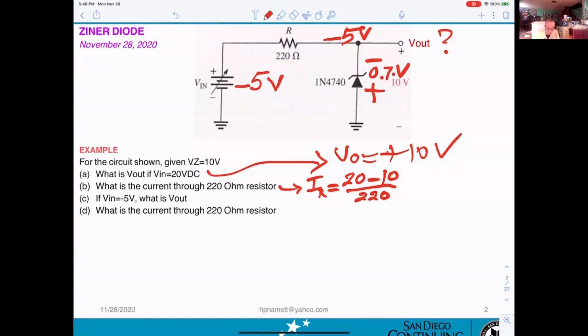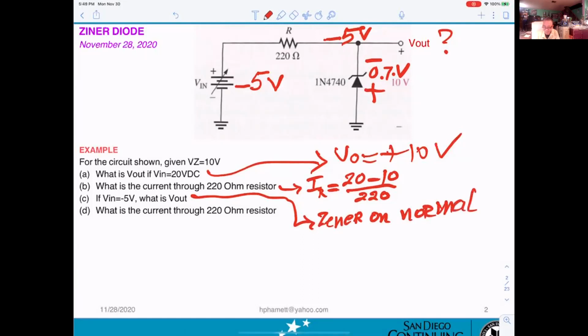So on number C here, what we can say is the Zener is on normally, so that V out equals minus 0.7 volt.